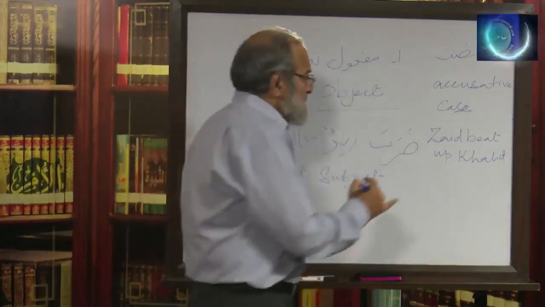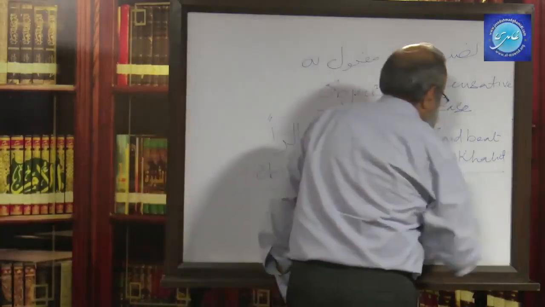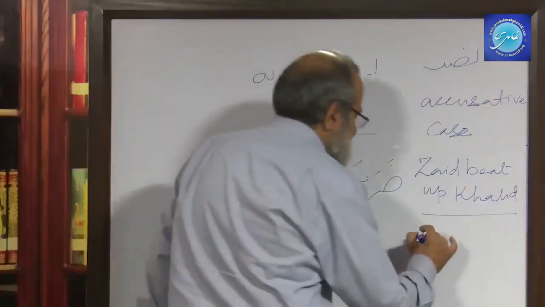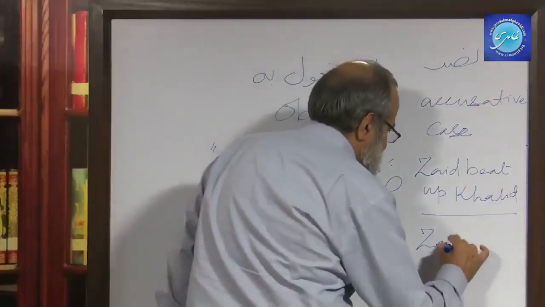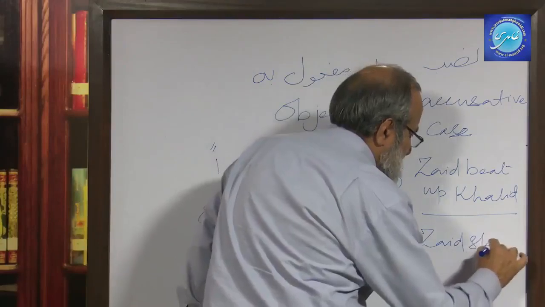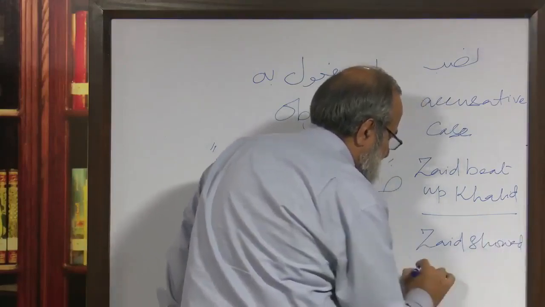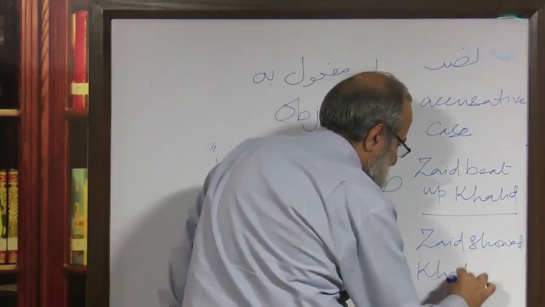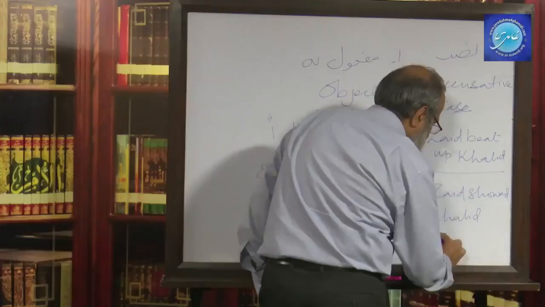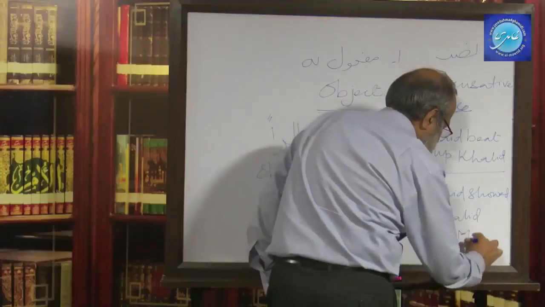However, we do also have sentences where we say Zaid showed Khalid. What did he show him? The masjid.